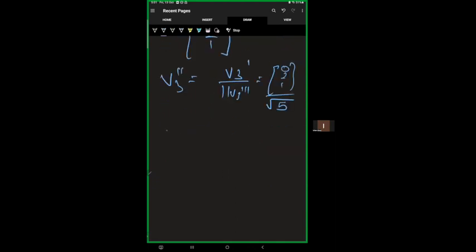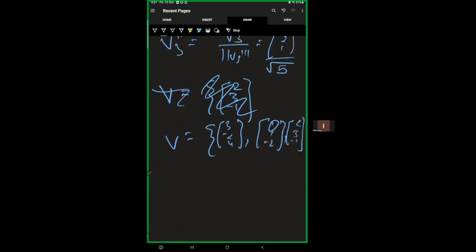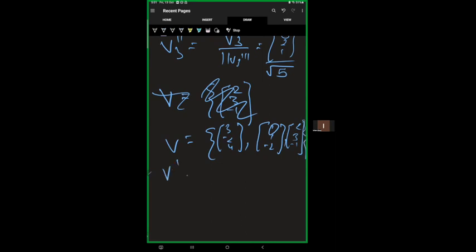So from here we had initially the set, oh sorry, the order matters. The set was (3, -2, 4), (0, 1, -2), (2, 3, -1). And from here we obtain V dash: (3, -2, 4) directly, 3 by 29 into (10, 3, -6), and also (0, 2, 1).